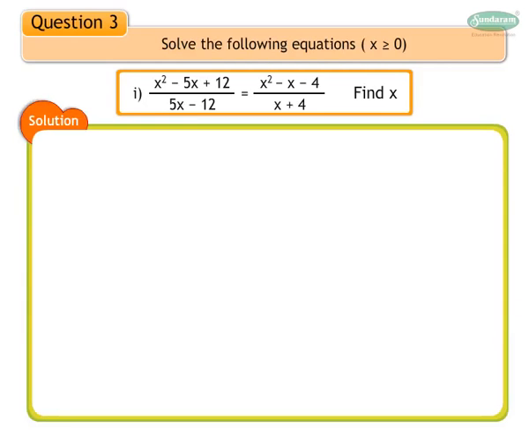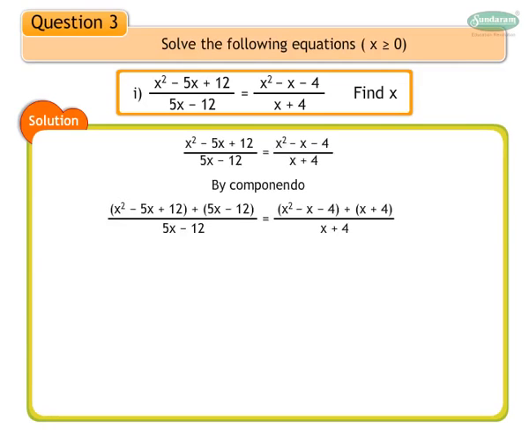Let us use properties of equal ratios and simplify the equation. Let us use componendo and we get (x²−5x+12+5x−12)/(5x−12) = (x²−x−4+x+4)/(x+4).